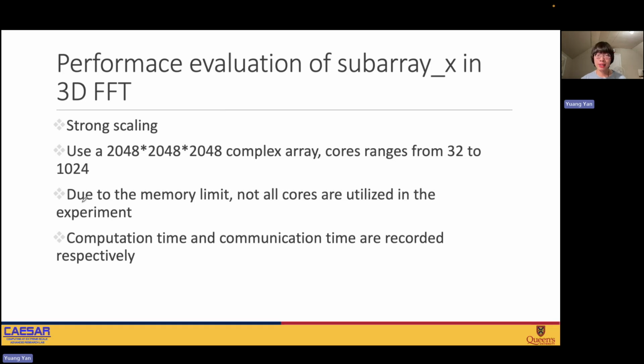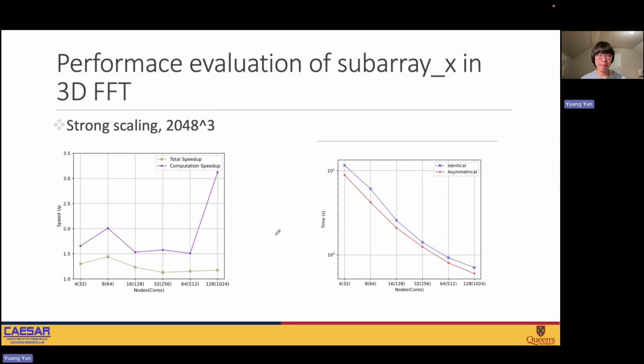Due to the memory limit, not all of the cores are utilized in the experiment, because our computation is out of place, and 256 GB of memory is not enough to store all the data in a single node when we only have 32 cores with one node. And here's our speed up. For better understanding, we have the time here.